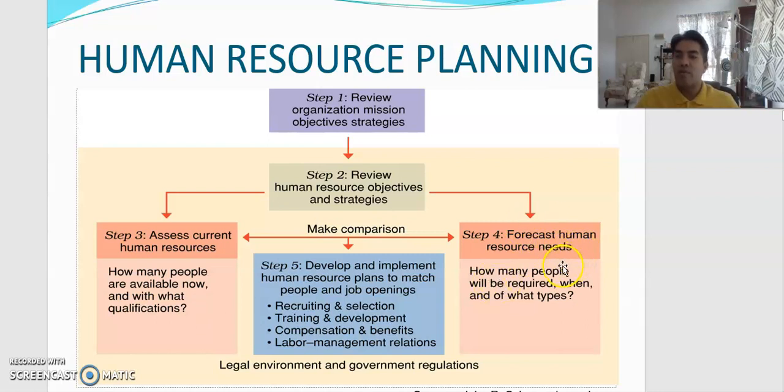And then we look at the human resource forecast, how many people are available now and with what qualifications. That is the current one, I'm sorry. And then we forecast the human resource needs. From here, we identify that in September, we need to fulfill those 2 positions. And then develop and implement human resource plans to match people and job openings: from where are we going to recruit, and the selection process that we are going to implement in our organization.